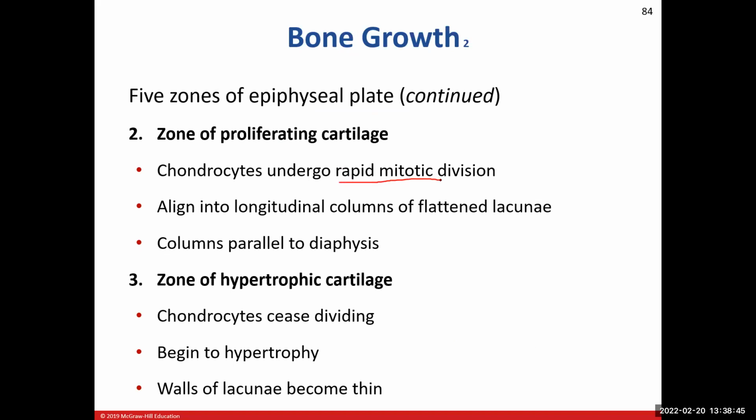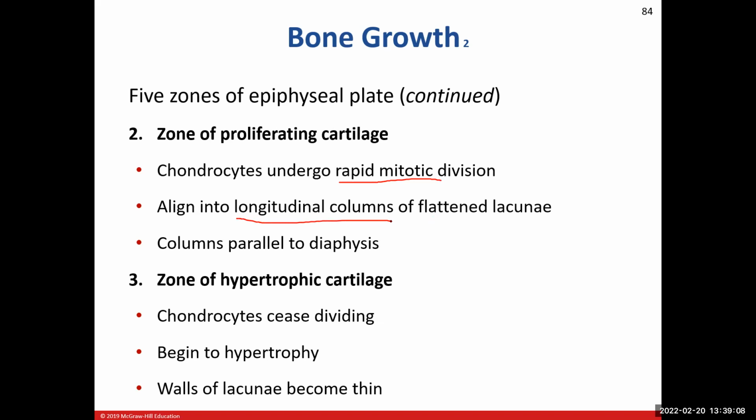The cells there undergo rapid division. And they start to resemble a stack of coins. So these cells will align themselves in long column-like formations. And so there's so many of them, there's not going to be a lot of room there.